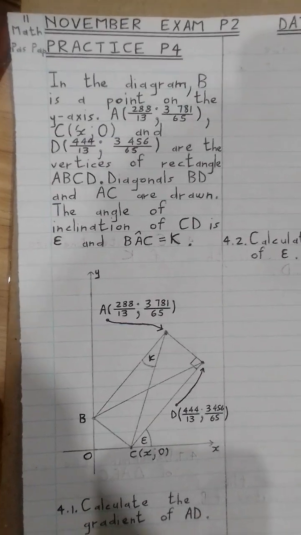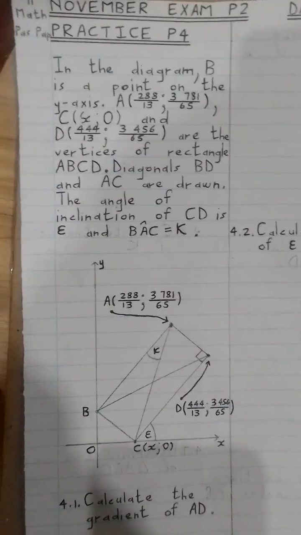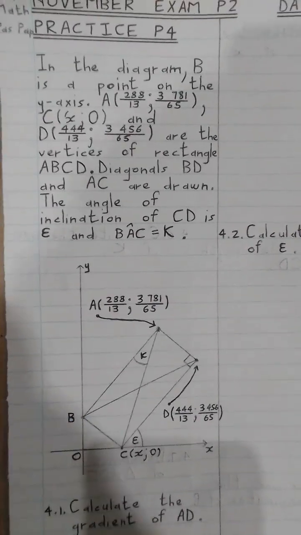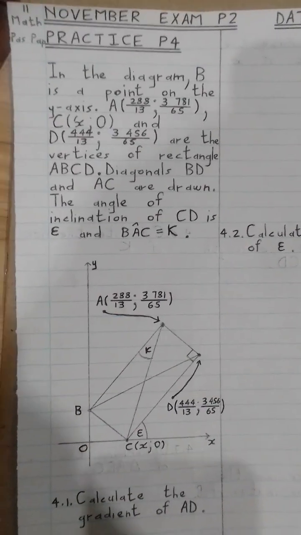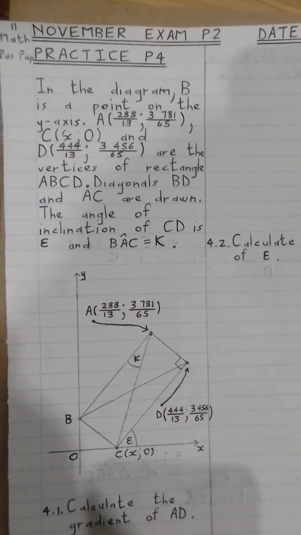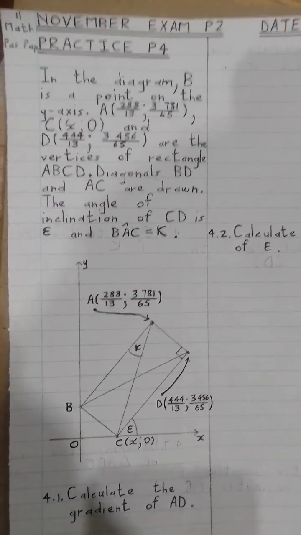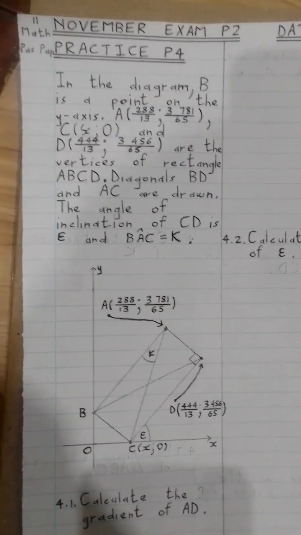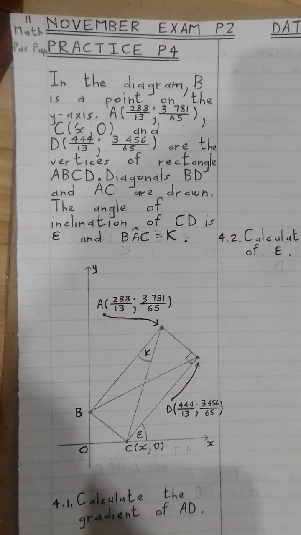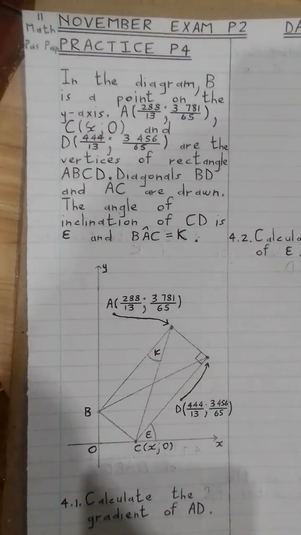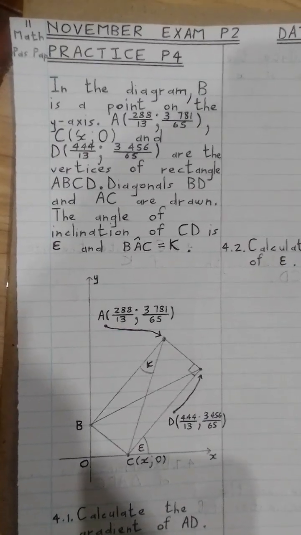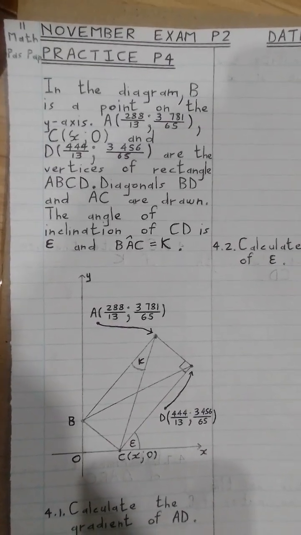So its opening statement is, in the diagram, B is a point on the y-axis. Here is B. A has coordinates x is 288 over 13, y is 3781 over 65. C has x is just letter x, y is 0, and D has x is 444 over 13, y is 3456 over 65.